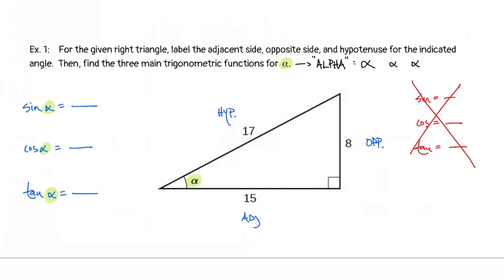Never mind. I think it was an arithmetic error, or I'm not sure. But how do we get sine of alpha?